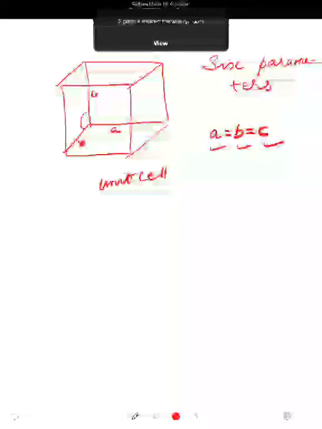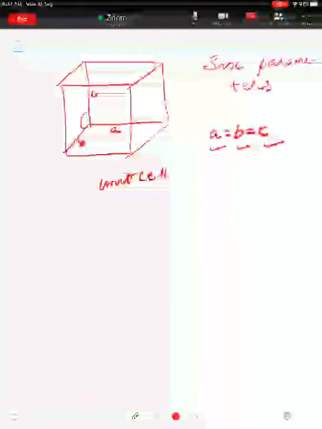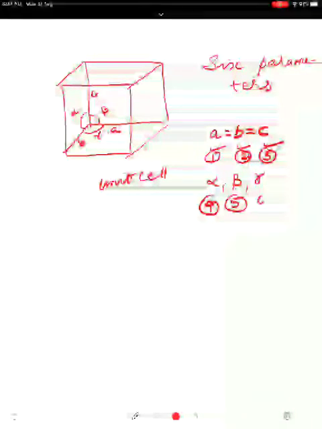Angle between B and C, that is alpha. Angle between A and C, that is opposite to B, that is beta. Angle between A and B, that is opposite to C, that is gamma. So, alpha, beta and gamma. So, this is 1, 2, 3, 4, 5, 6.